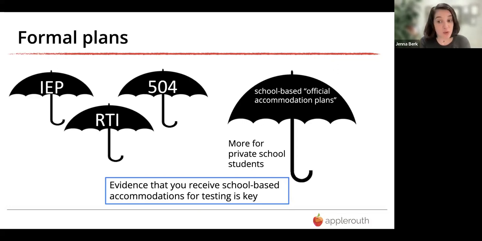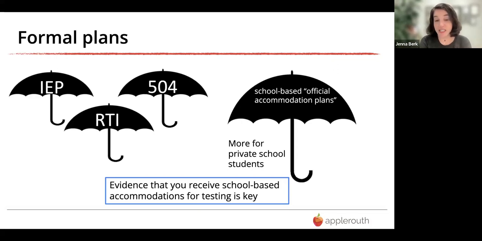If you're in a private school, you may get a school-based official accommodation plan, because private schools are not governed by the same rules as public schools. They may have different terminology, but evidence that you receive school-based accommodations is so important once you get into high stakes testing.